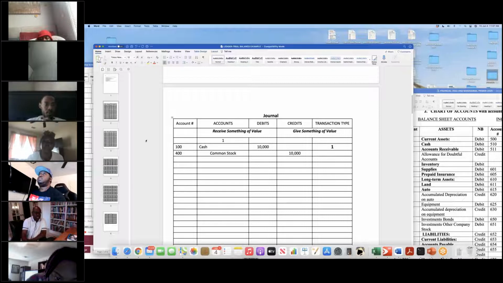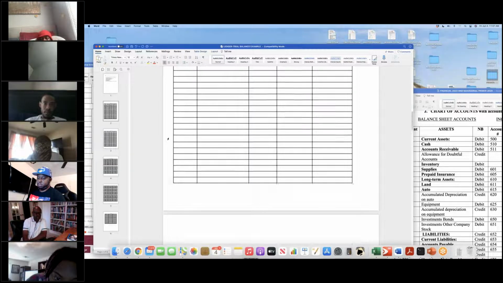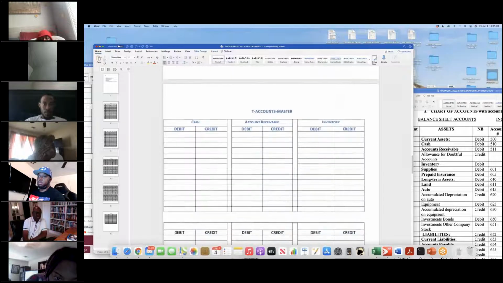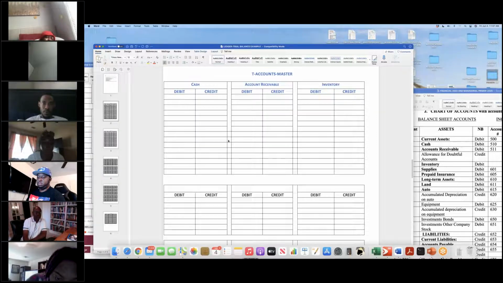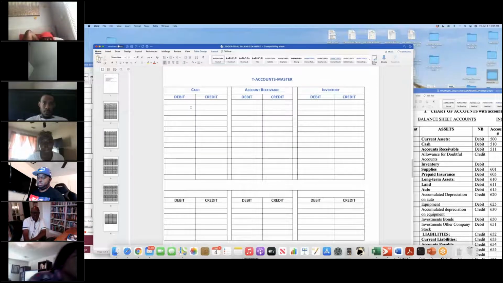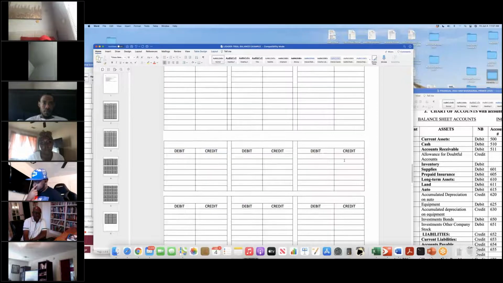Okay. Now let's look at posting to the ledger. This is a ledger where we're going to list each account and put in the transactions that relate to them. We're going to put these accounts in that order of the chart of accounts: cash, receivables, inventory, the other assets.